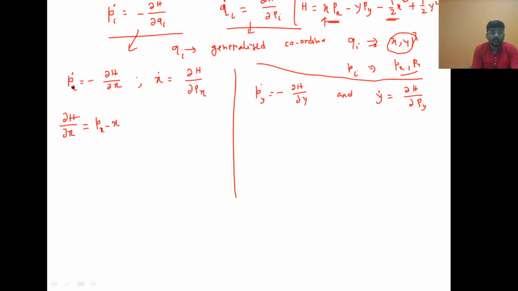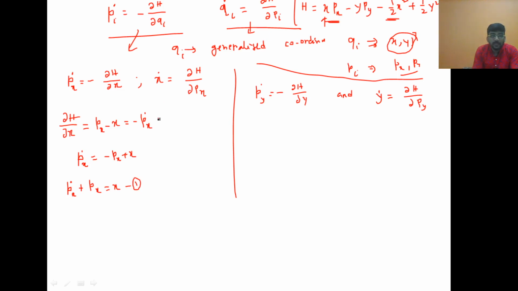And that is equal to minus px dot, because del H by del x is minus px dot. So we get px dot equal to minus px plus x, that is, px dot plus px is equal to x. This is our equation 1.